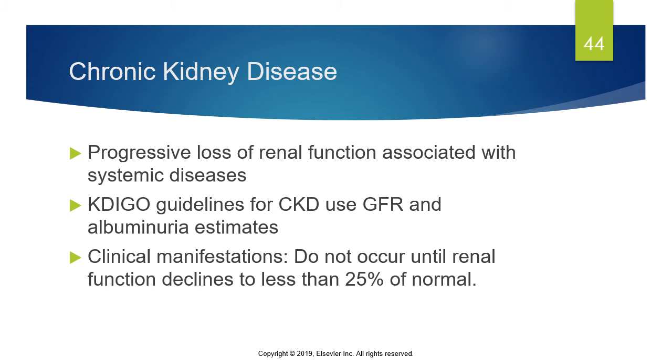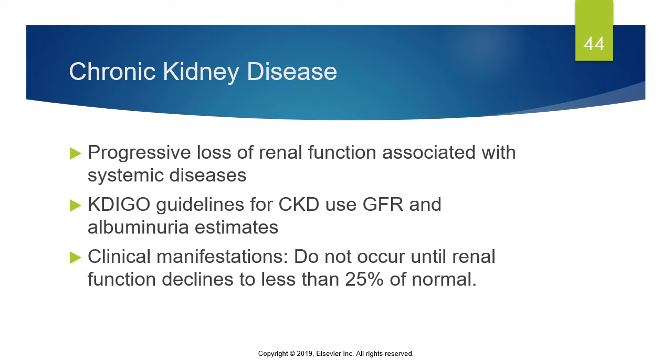So there's a progressive loss of renal function associated with the systemic diseases that are the underlying causes. And there are practice guidelines called Kidney Disease Improving Outcomes Practice Guidelines. And they use the GFR and albuminuria as an estimate of the level or stage of chronic kidney disease.